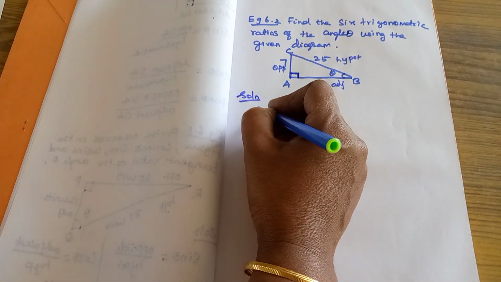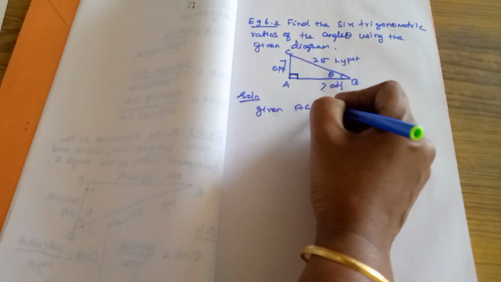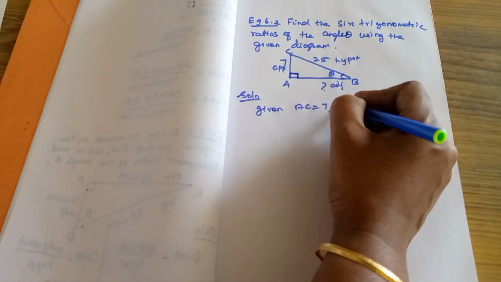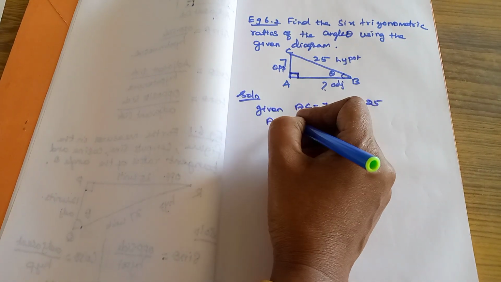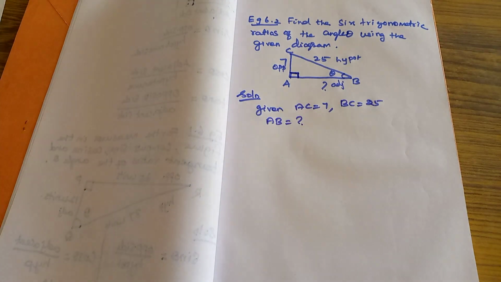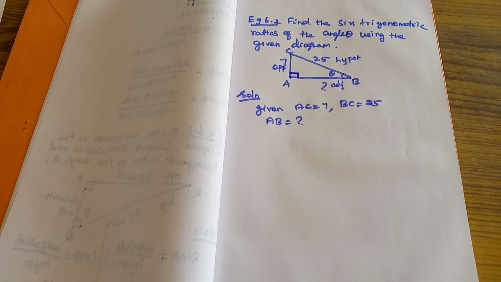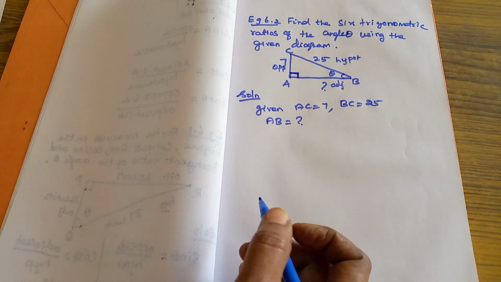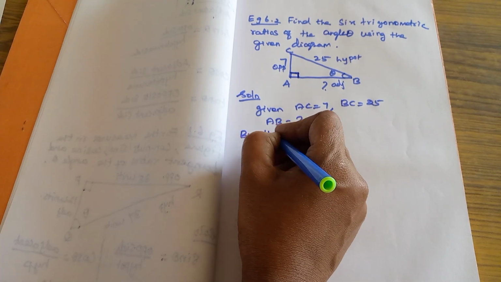Now given AC equal to 7, BC equal to 25. AB we don't know, we have to find out. How can we find out? It is a right triangle. If any two sides are there, the third side we can find easily by using the Pythagoras theorem.